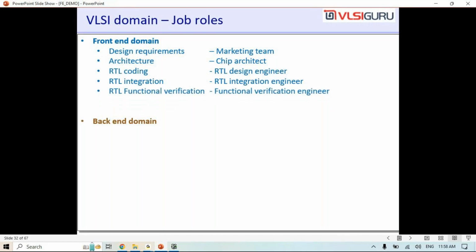RTL functional verification is done by the functional verification engineer. You can even call him the RTL verification engineer. The person who does DFT is called the DFT engineer. The synthesis person is called the synthesis engineer.